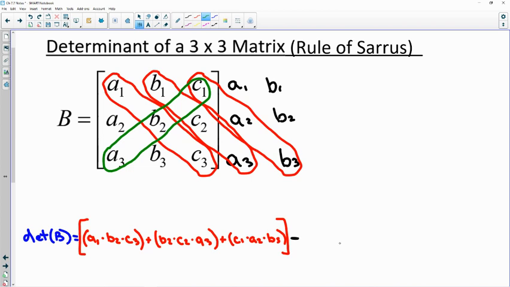So A3 times B2 times C1. You get that answer in, plus, and then you can do the other up diagonal: B3 times C2 times A1. Okay, take your time on it.